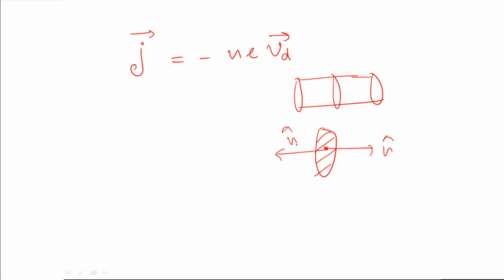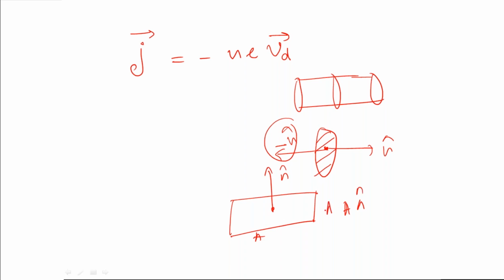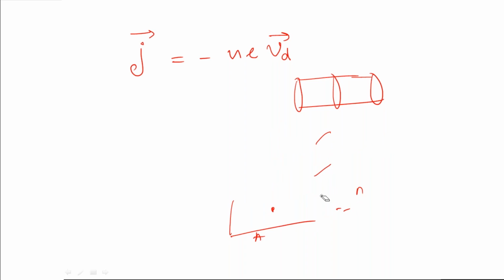So the direction normal to this area is the direction of the area vector. I can write this A with a cap. This is the area vector, so area has a direction. You have to somewhat visualize this: current density always goes normal to the surface, outwardly normal.